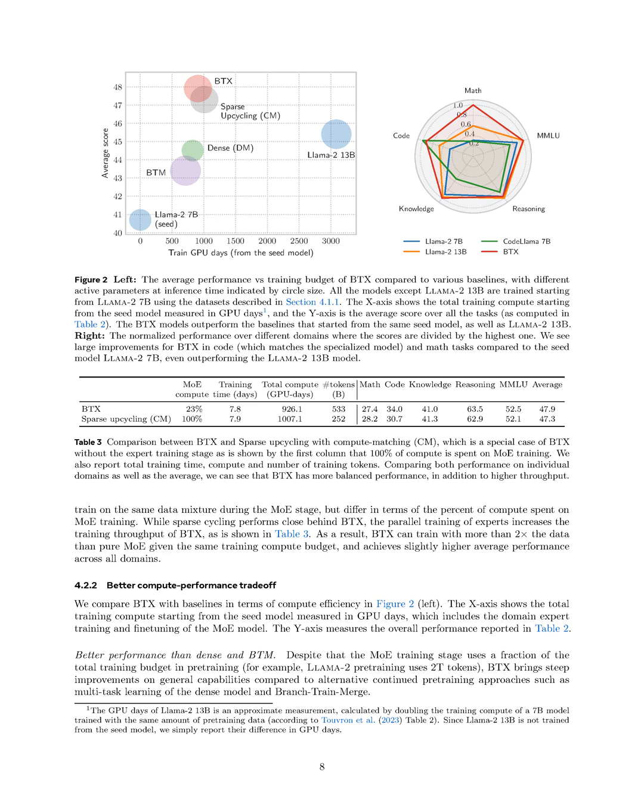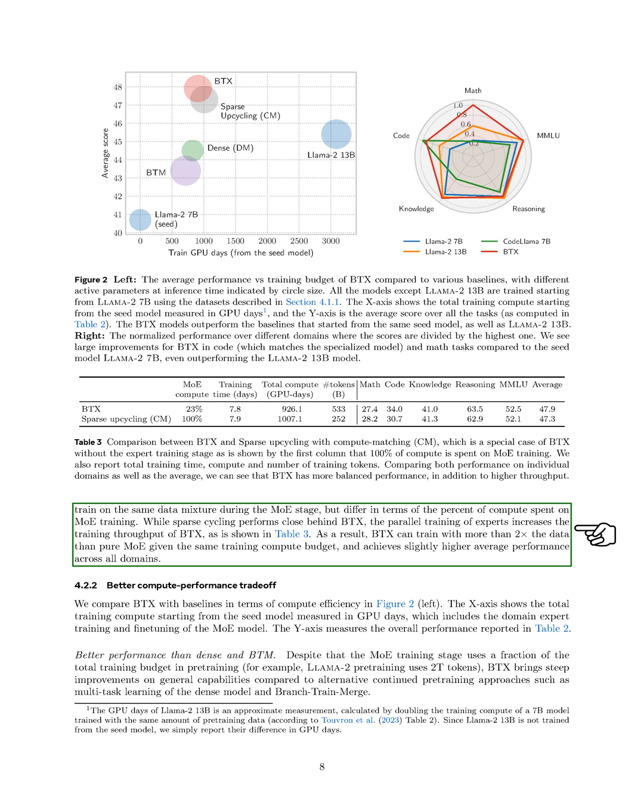BTX outperforms these baselines by improving performance across multiple domains without regressing on other tasks, showcasing its efficiency in continued pre-training and robustness to task interference. Additionally, BTX achieves better results compared to Llama 2 13B and sparse upcycling, demonstrating its effectiveness in utilizing training compute efficiently and achieving higher average performance across different domains.